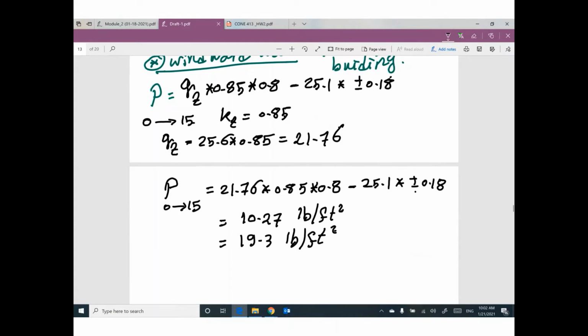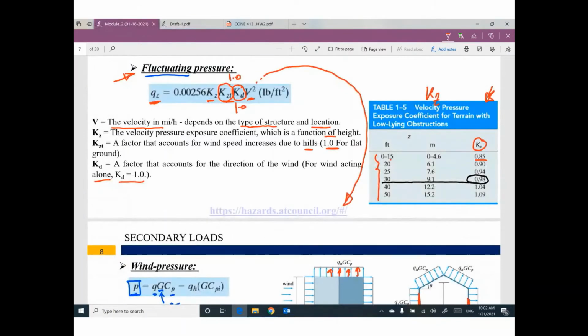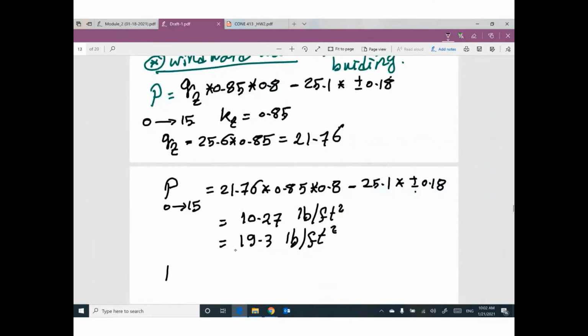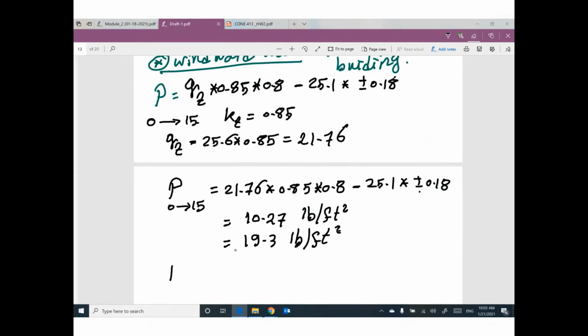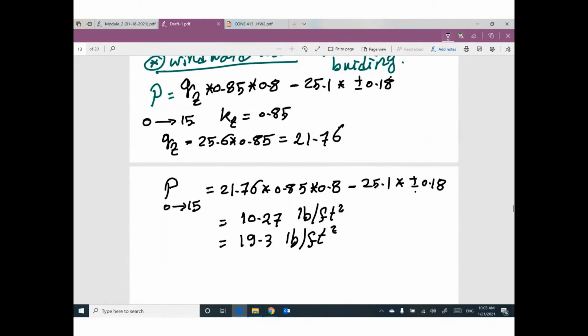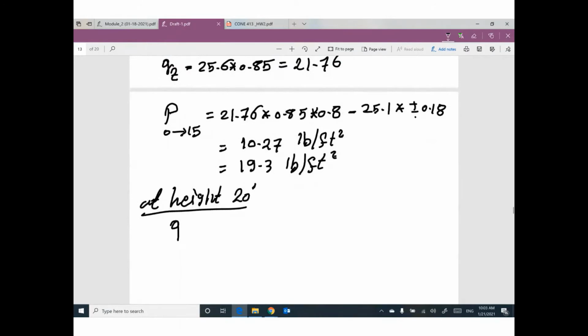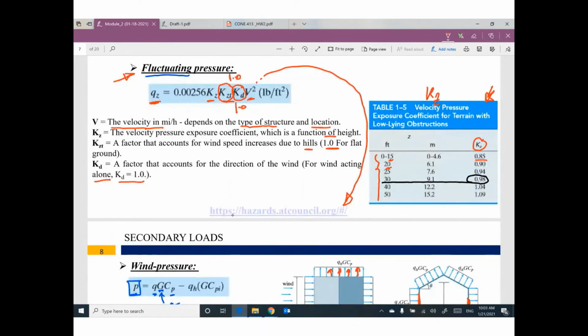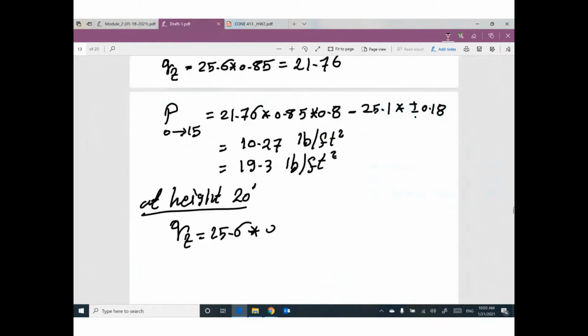If you are talking about the next height, from 15 to 20, I will say at height 20 feet, QZ equals 25.6 times KZT, which at this height equals 0.9. 25.6 times 0.9 equals 23.04.